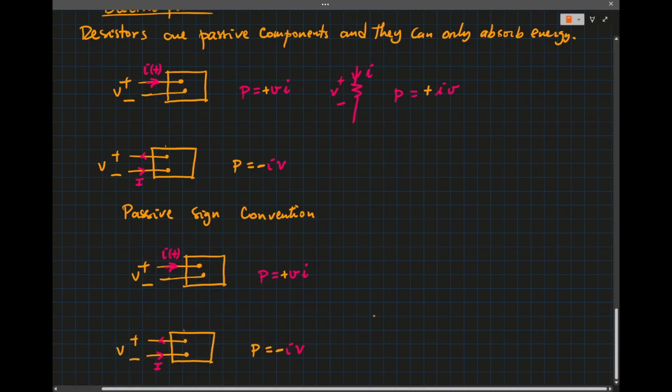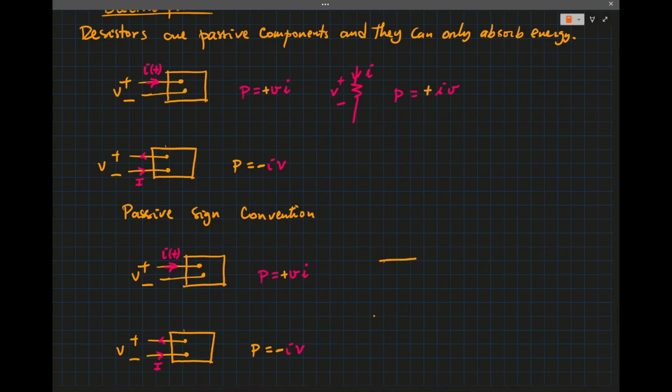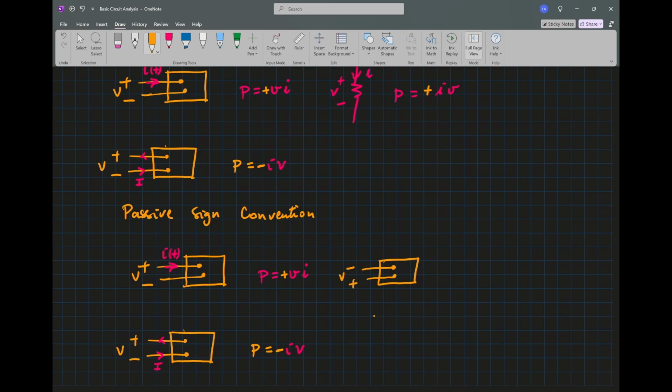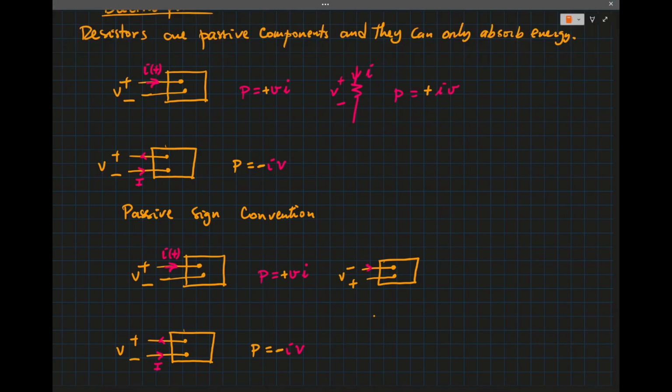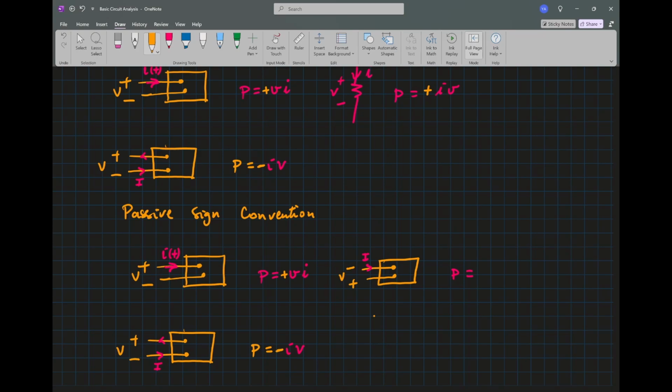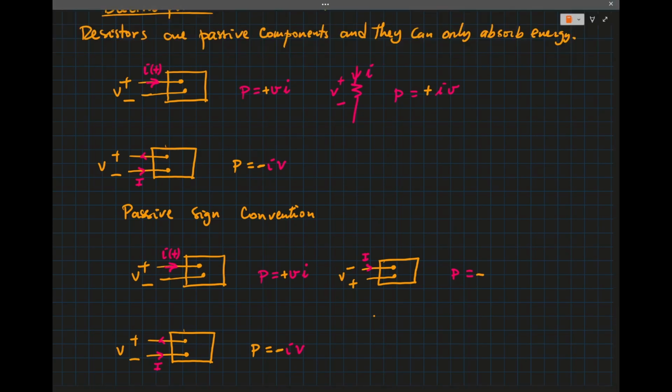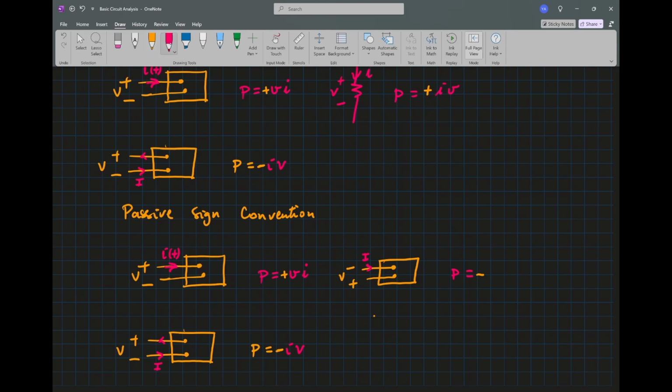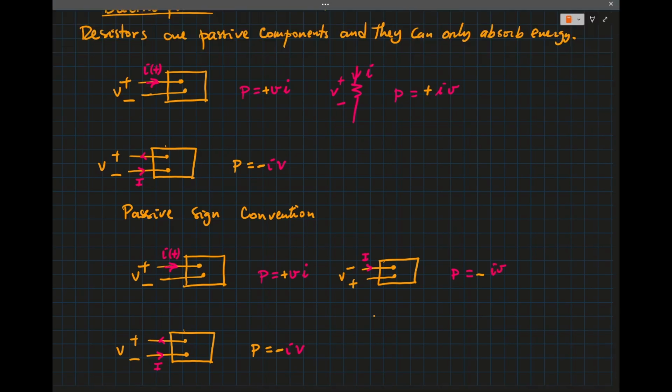Let's say that I have this scenario where the polarity of the voltage is flipped, but the current is still flowing that way. So here P is also equal to negative IV, negative IV. This is just a convention.